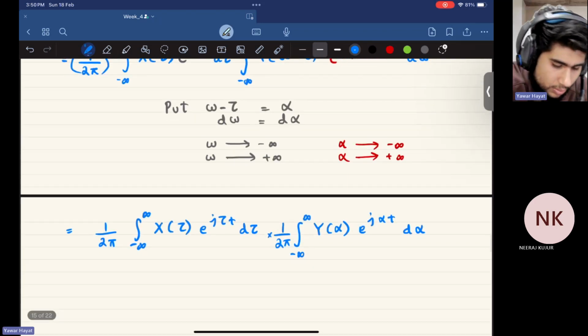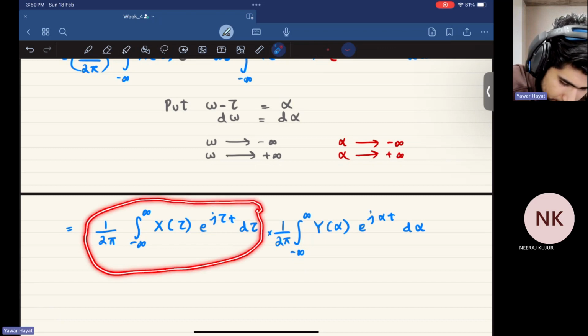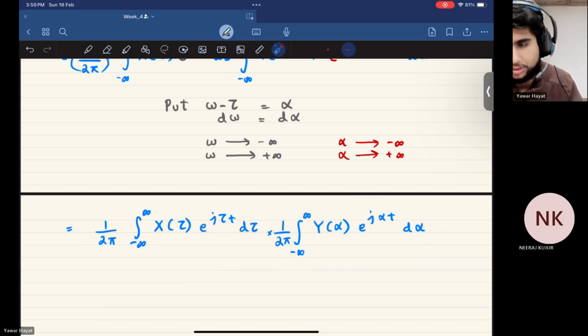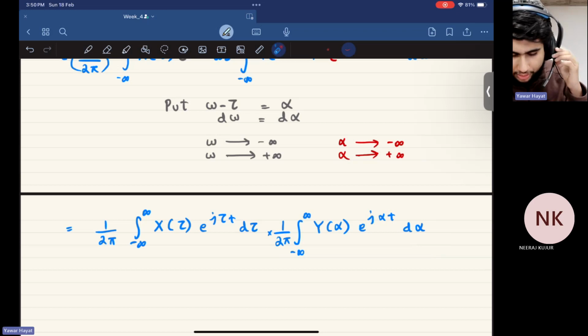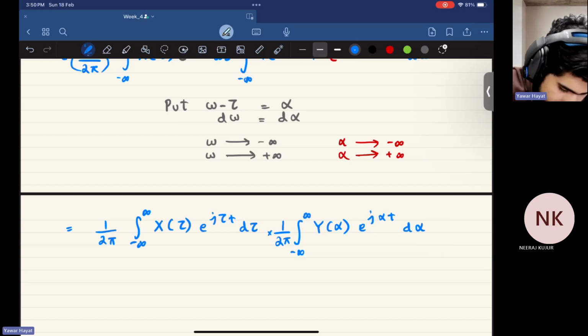Now help me out. What is this by definition? And what is this by definition? Is it Fourier transform or inverse? This by definition is inverse Fourier transform, right? This is what I'm trying to say.